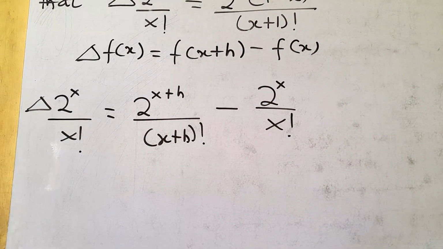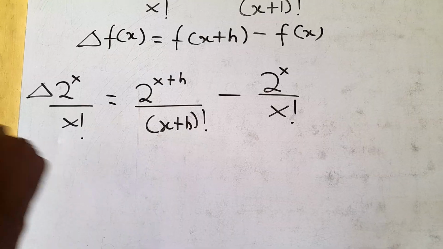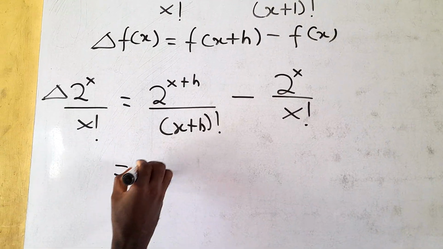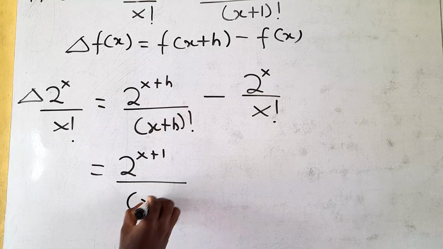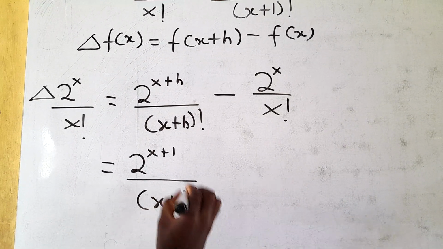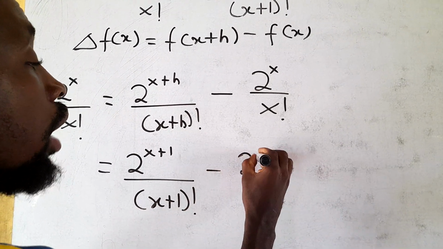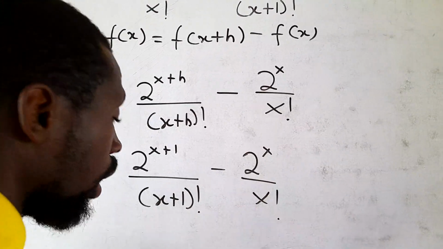I hope you get that. Remember, we said the interval of difference is 1. Then we can say this is actually equal to 2 exponent x plus 1 over x plus 1 factorial, then minus 2 exponent x over x factorial.